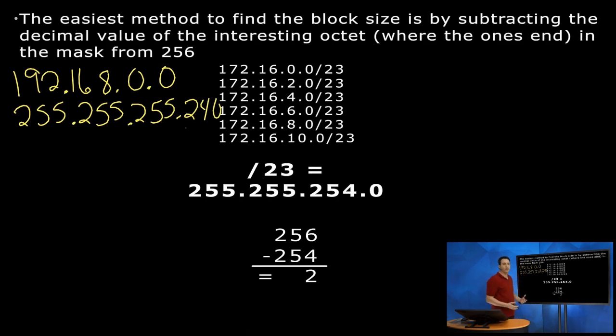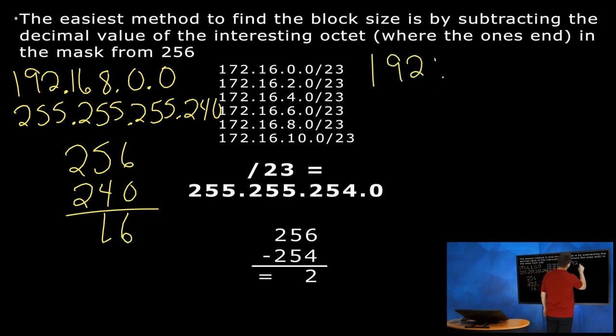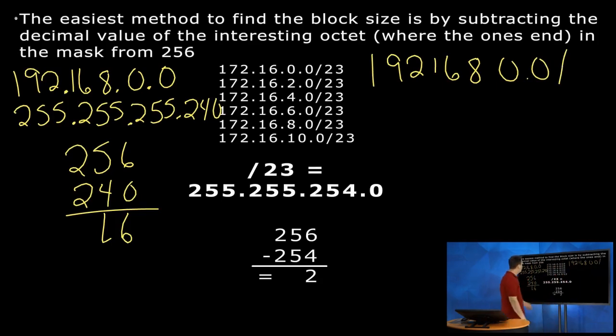So now let's go ahead and figure it out. It's as easy as saying, all right, so we have 256 minus 240, and that's going to give us a grand total of 16. So I'm counting by 16 in the fourth octet. So let's go over here, and the first subnet ends up being 192.168.0.0 slash, let's convert it.